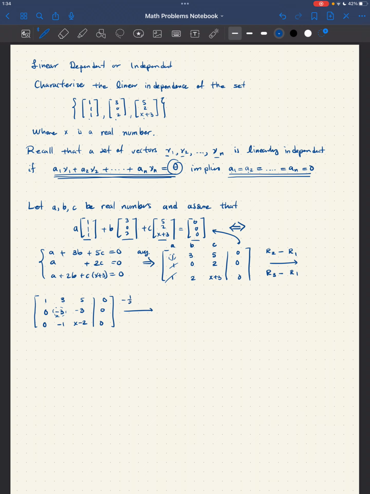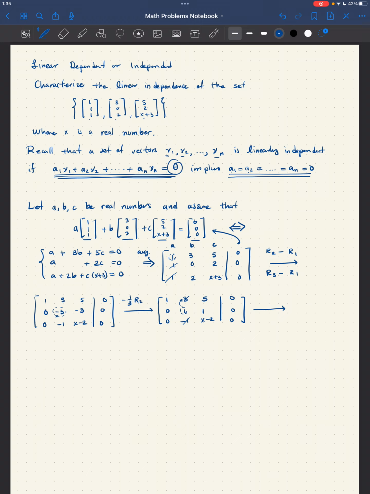So negative 1/3 of row number 2 will make the following conversion: 1, 3, 5, 0, 0, 1, 1, 0, and the third row remains intact, so 0, negative 1, x minus 2, 0. Now this is my pivot. I'm going to use it to kill this and to kill that, to process the second column.